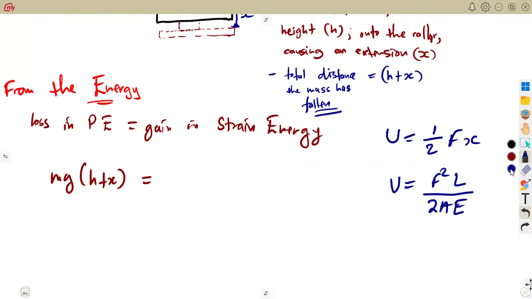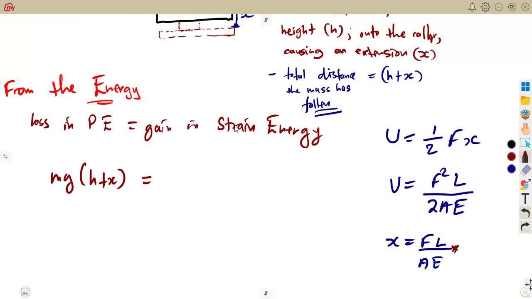Also, not forgetting, how do you calculate your extension? Remember, you calculate extension from FL over AE, or you can use stress, L over E. You can use any formulas that we are capable of. So this is for the extension, and using this extension you can even substitute here. It's up to you.